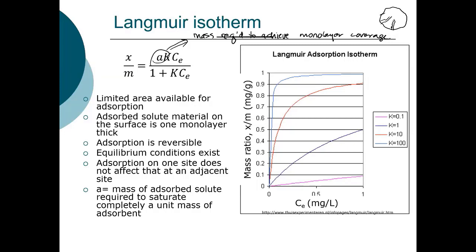What you're thinking about is how much chemical can actually sorb, and you only have one layer. You don't have the adsorption, for instance, or the accumulation of multiple layers of chemical.